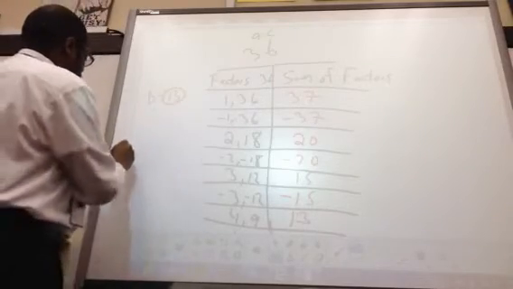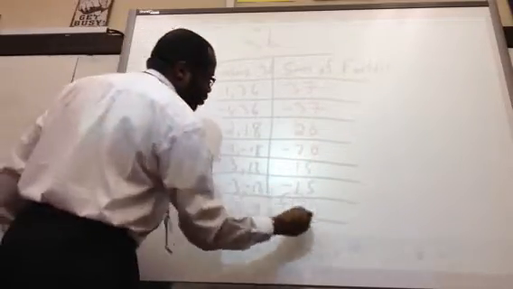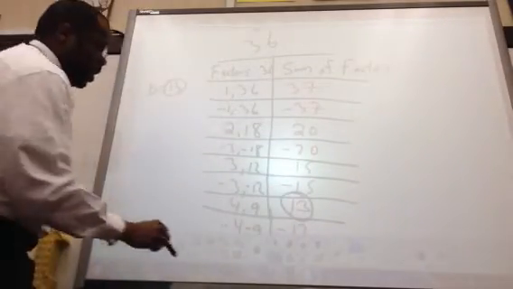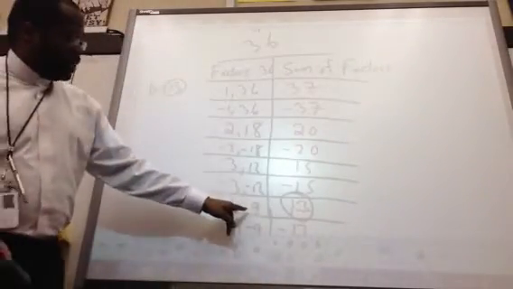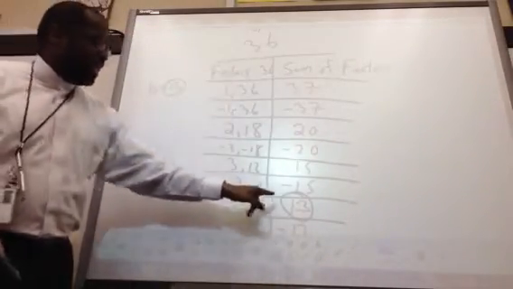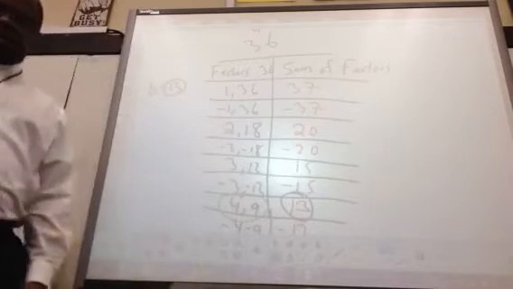Let's see which pair of factors add to give us the 13. Ooh, there's the 13. The pair of factors that were multiplied to give you 36 that added to give you the 13 were the 4 and the 9.